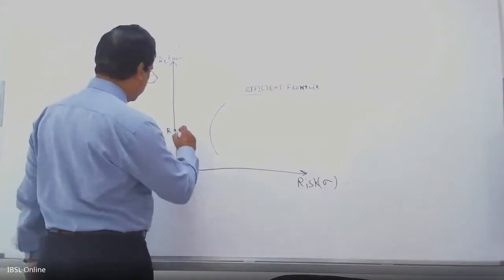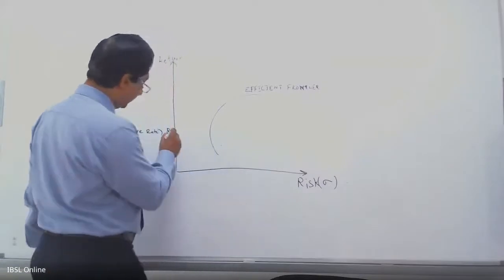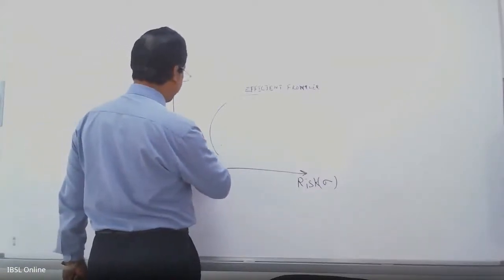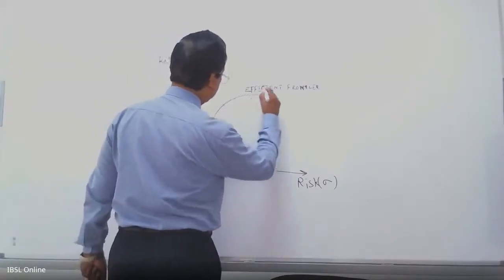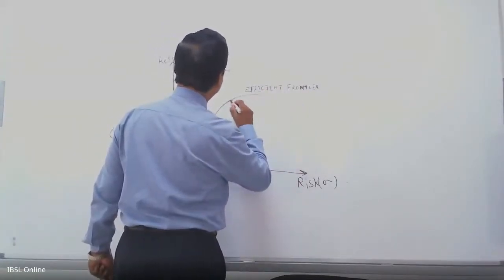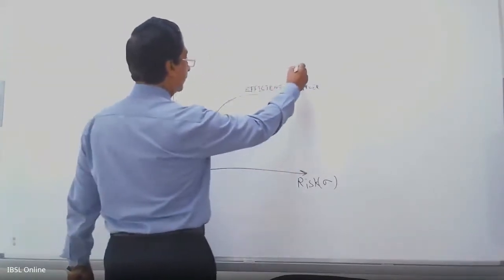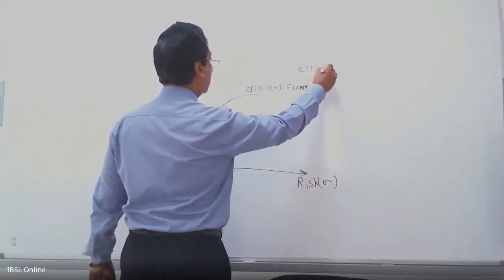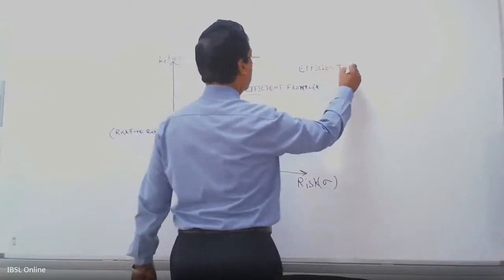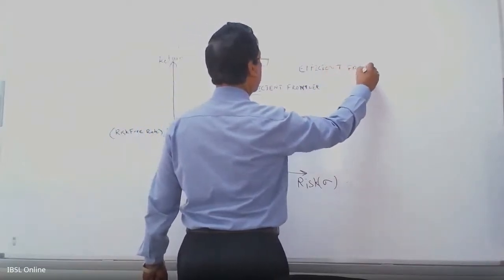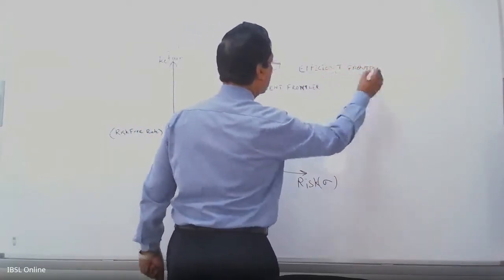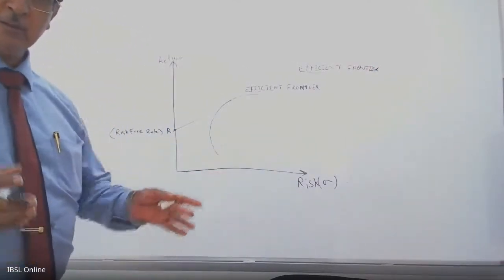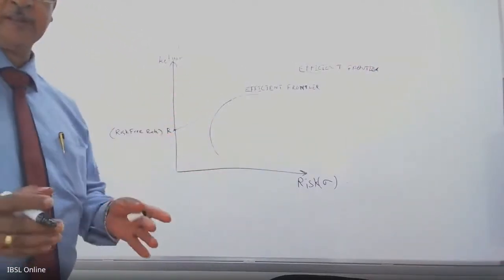And if you draw a line from this point, and if it makes a tangent to this efficient frontier, that would be the efficient frontier for portfolios mixing risky assets with risk-free assets.